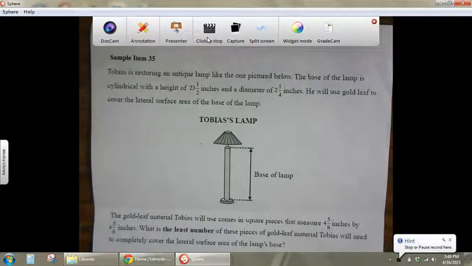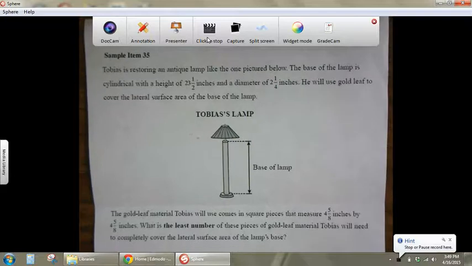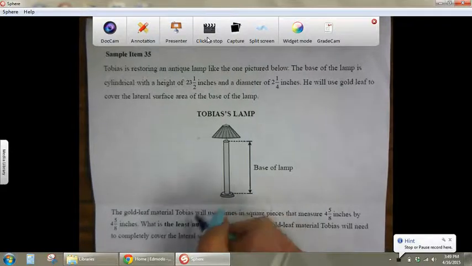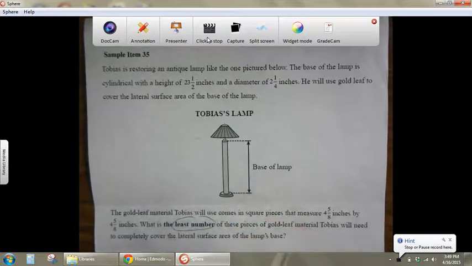In sample item 35, they have a person named Tobias that is apparently placing gold leaf material onto the lamp's base. One thing I always thought was really confusing was whenever they threw in this "at least" number.